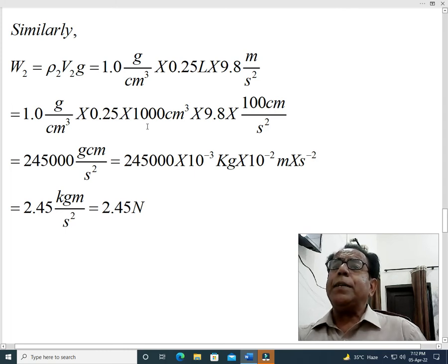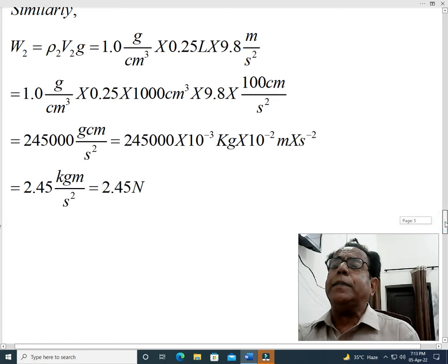From here centimeter cube will be cancelled out with centimeter cube and we will be left with this value. And from here we have again converted gram into kilogram and centimeter into meter. So we have gotten 2.45 kilogram meter per second square, and we know that this is equal to Newton. So W2 has finally become equal to 2.45 Newton.